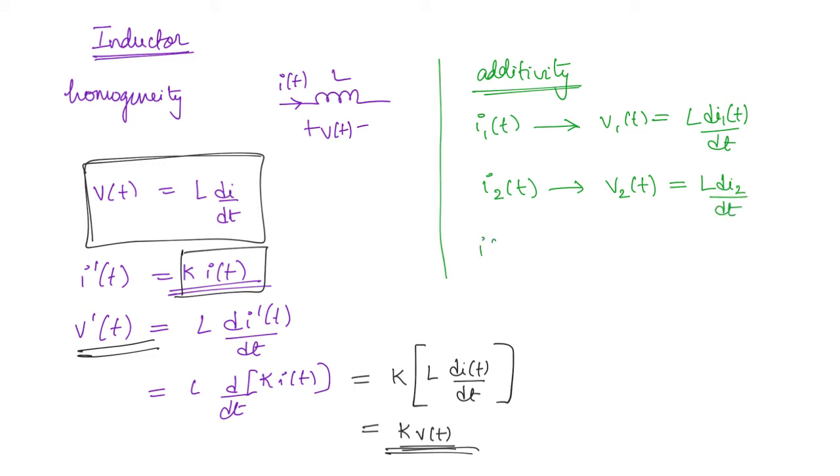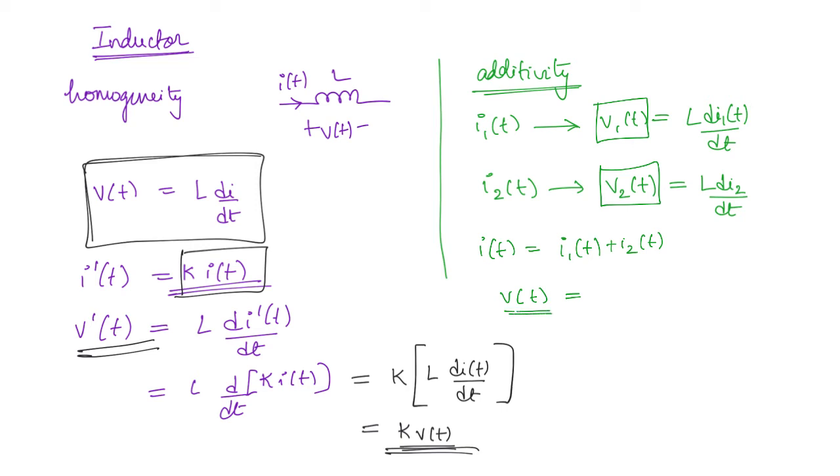Now for an input I of t, which is equal to the sum of these two currents I1 of t plus I2 of t, the corresponding voltage should be equal to the sum of V1 of t and V2 of t. Okay, so we will see whether it is satisfying.